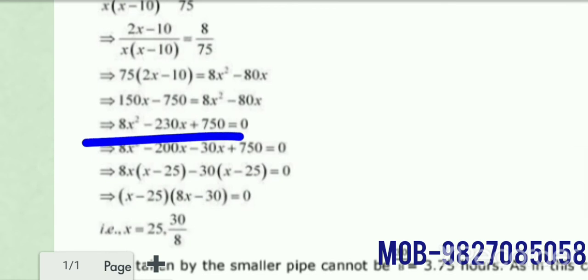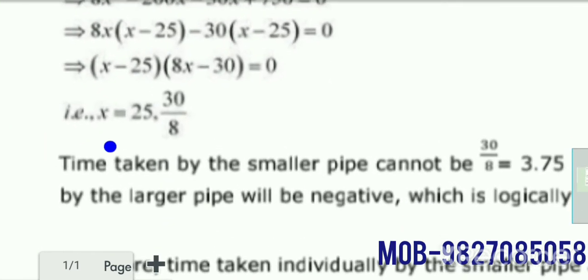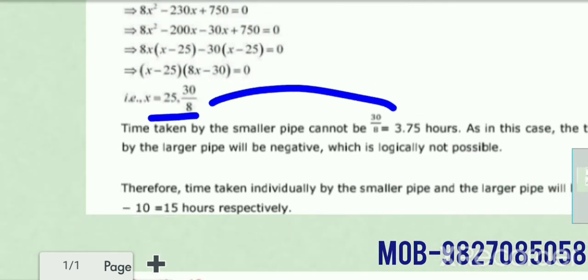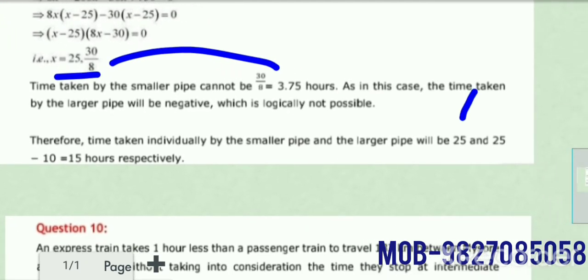Here we can use either the factorization or the formula method. So we get x is equal to 25 and 30 upon 8, that is 3.75. That is not possible, so we take x is equal to 25, that is the larger pipe, so the smaller pipe is 25 minus 10, which is 15. These are the diameters.